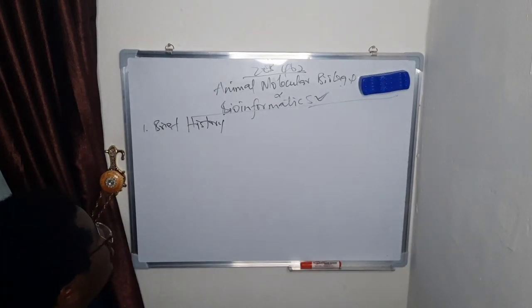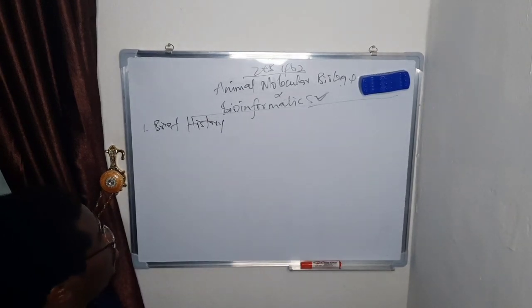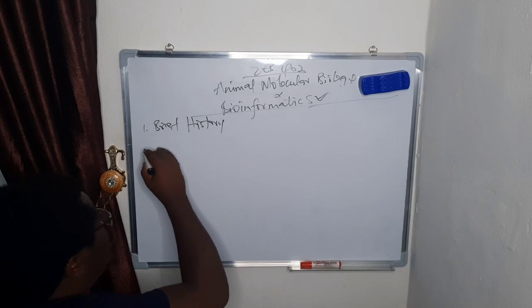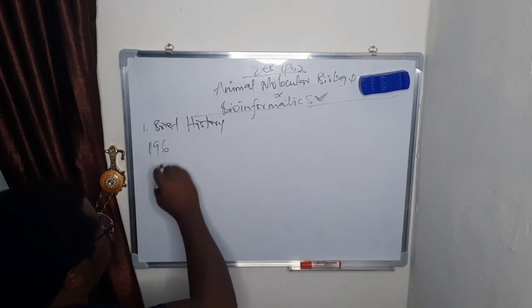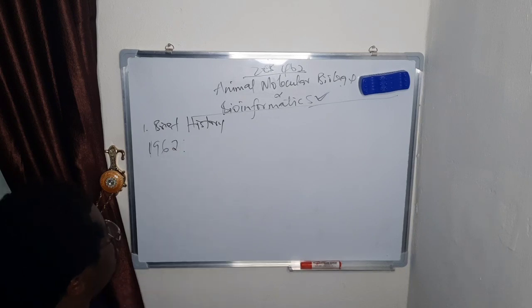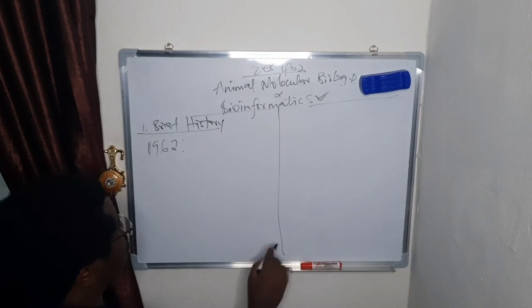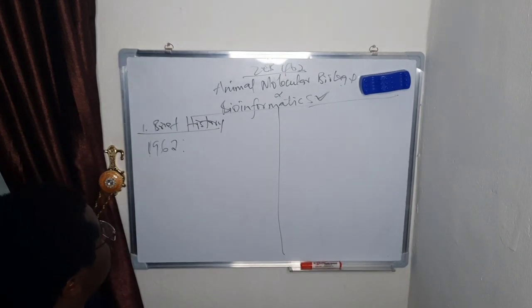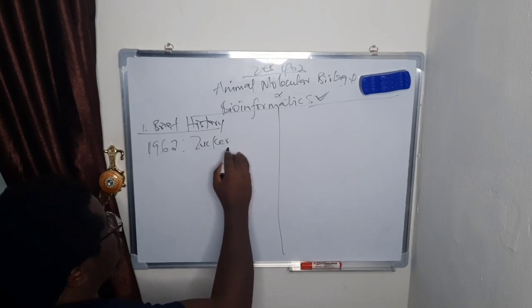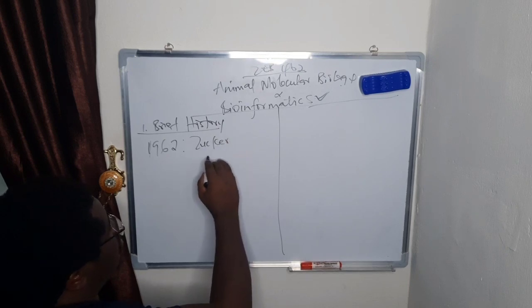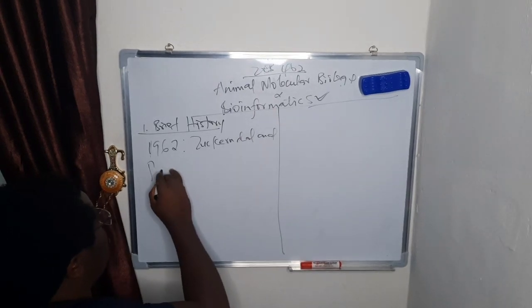Brief history. The history of bioinformatics dates back to 1962. In 1962, you have Zuckerkandl and Pauling.